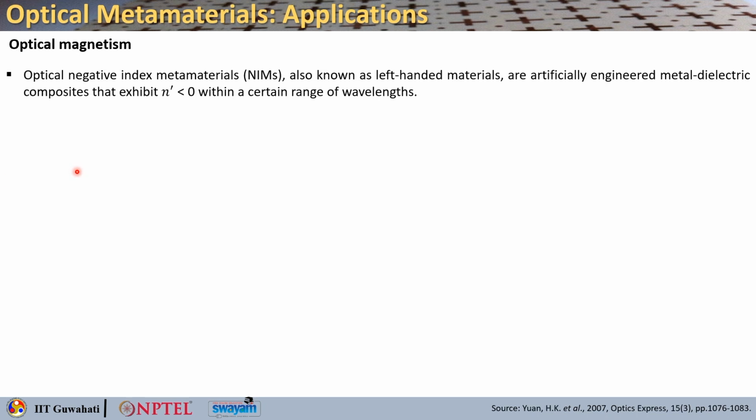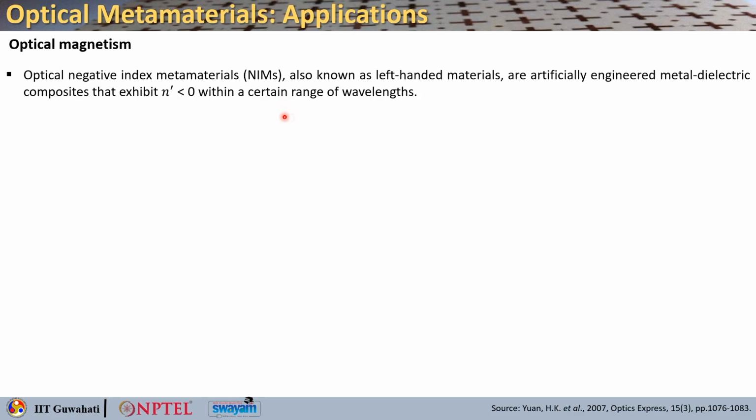The next important or interesting application is optical magnetism. Normally, all the materials are non-magnetic at optical frequencies, so mu r equals 1, but you can actually have optical magnetism, right.